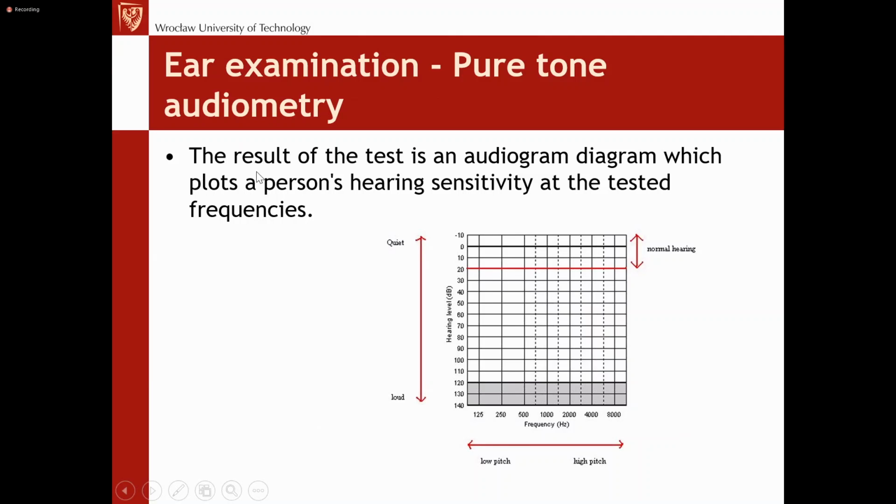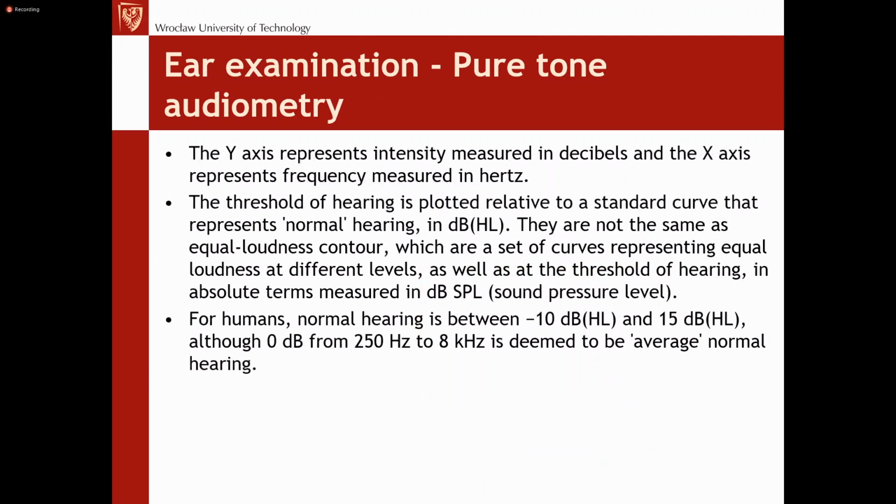And when you have normal hearing, it means that your hearing threshold ranges from minus 10 decibels, so you can hear better than a standard threshold of hearing, up to the stimuli of the level of 20 decibels, and so it's still called normal hearing.